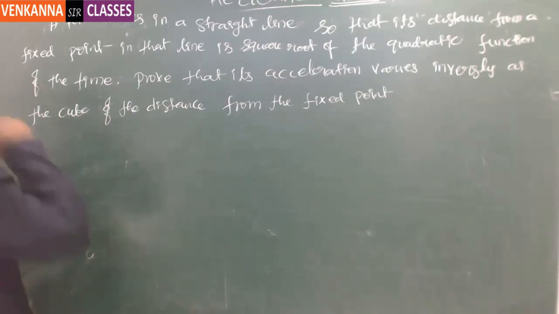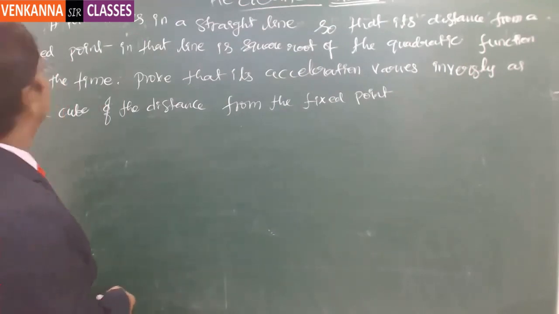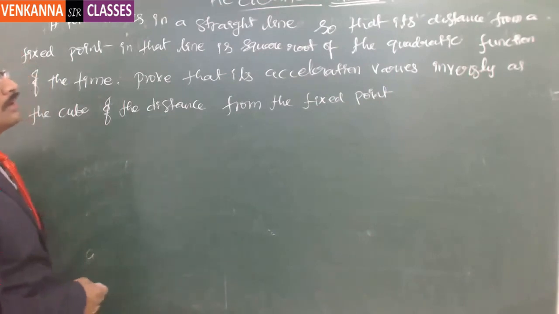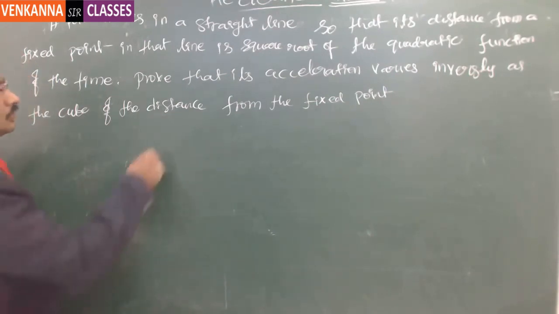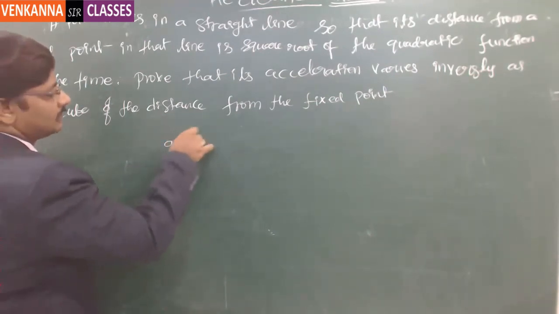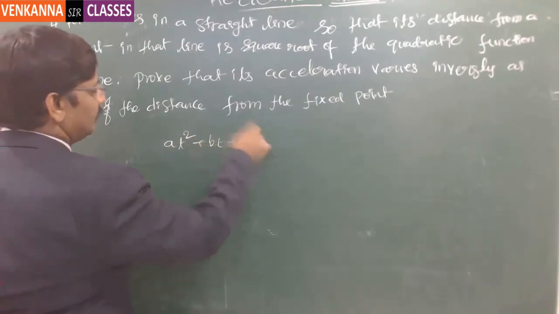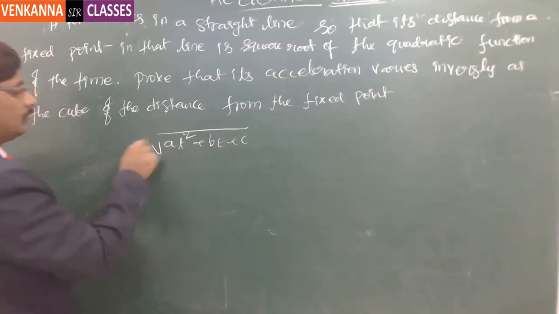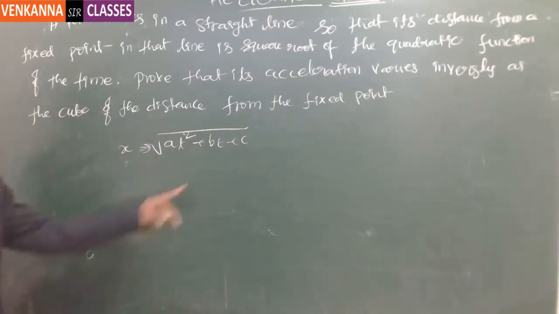See this? So what he said was, a point moves in a straight line so that its distance from a fixed point in that line is the square root of a quadratic function of the time. So the quadratic function of time is at square plus 2bt plus c, and this is equal to x square root of it.